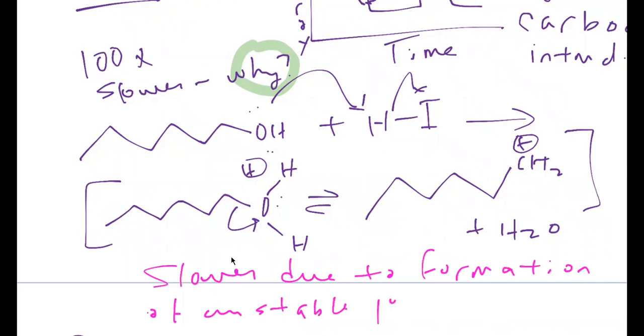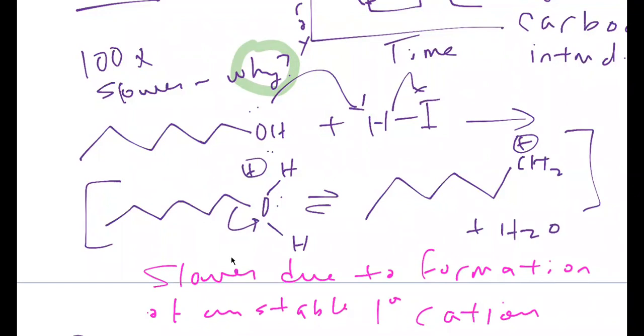Would it rearrange to put the positive on the secondary carbon next to it? That's a possibility, but I think a simpler solution would be to switch mechanisms instead of going through an SN1 where you go through a cation and lose your leaving group.